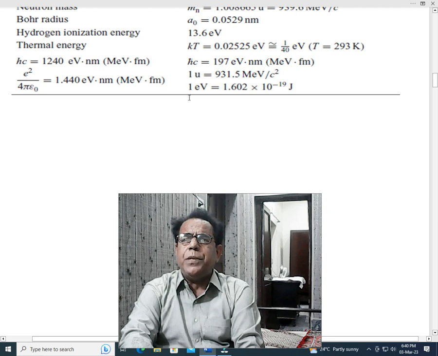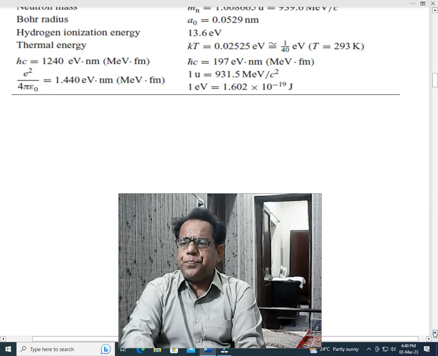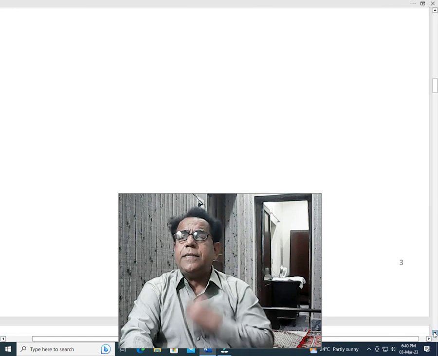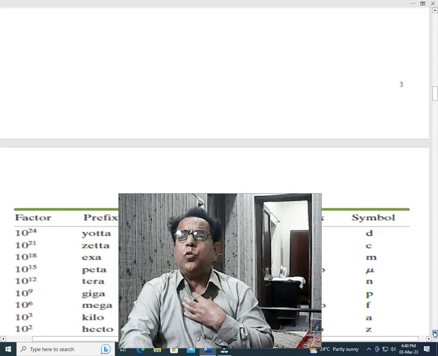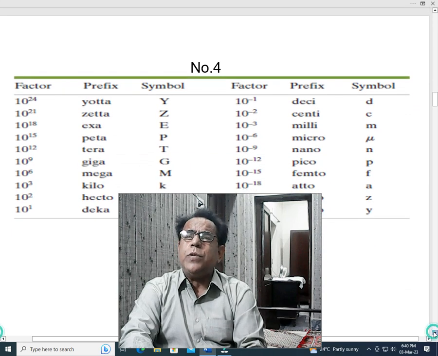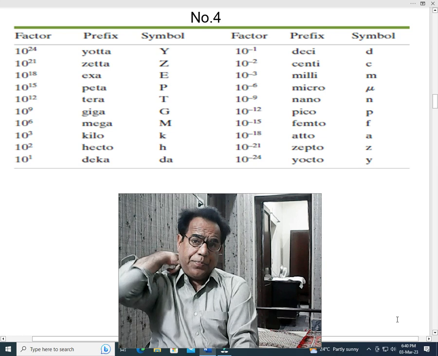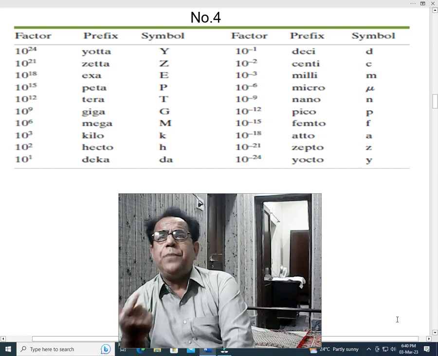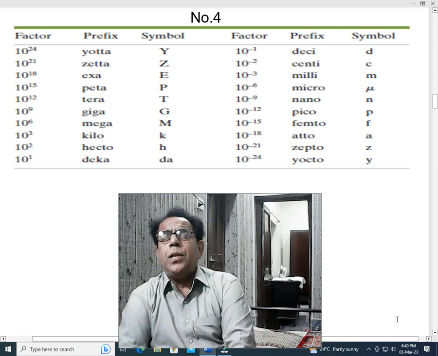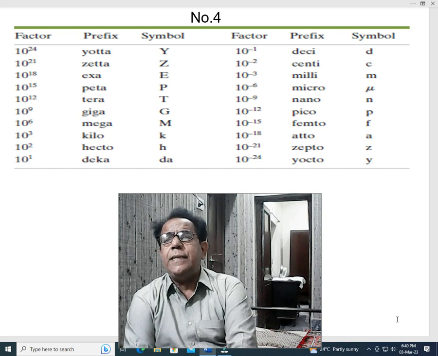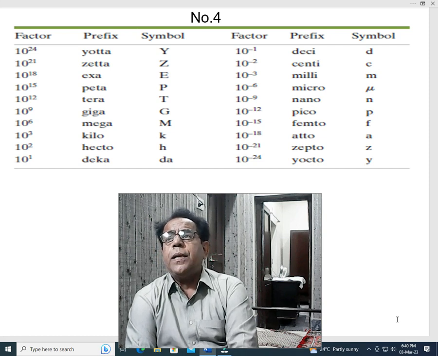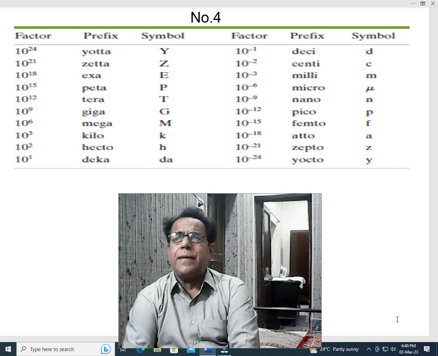This has also been used in the previous table and here once again, so this table is more helpful. Okay, dear students, the next helping tool, number 4, is about prefixes. In this problem kilo, mega, micro, and nano are used.